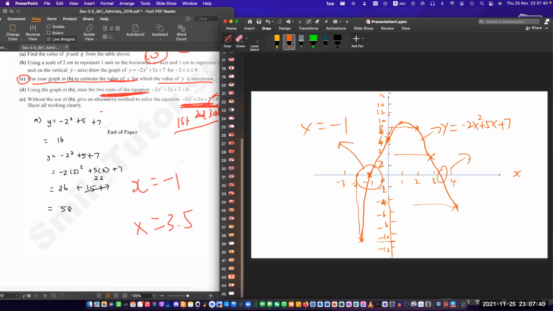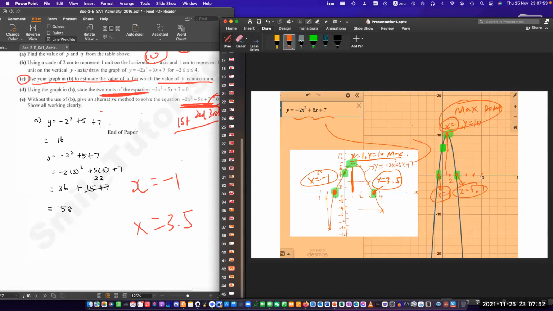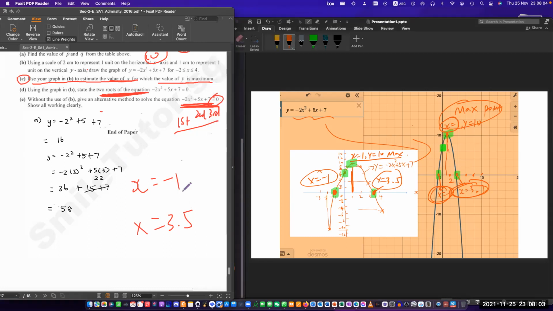Then this is x equals 3.5. Can you see? They are the same, right? This is my freehand. This is Desmos. Desmos is x equals -1, x equals 3.7. Close. All right. So that's how you can actually figure out this.